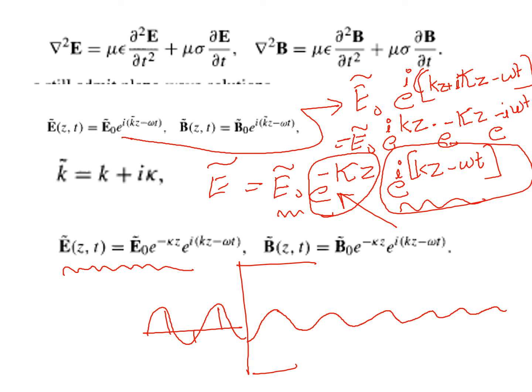So whenever the electromagnetic wave enters a conducting medium, its amplitude decreases. That is represented by the term e to the power minus kappa z in the electric field equation as well as in the magnetic field equation. I hope it is clear. In the case of a conducting medium, the amplitude of the electromagnetic wave continuously decreases.